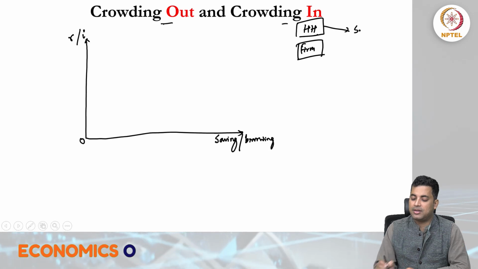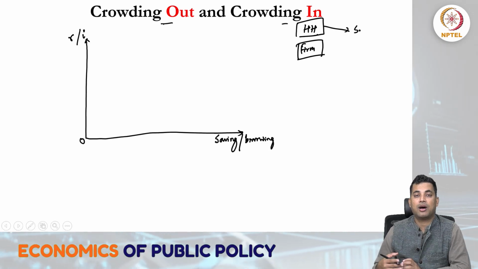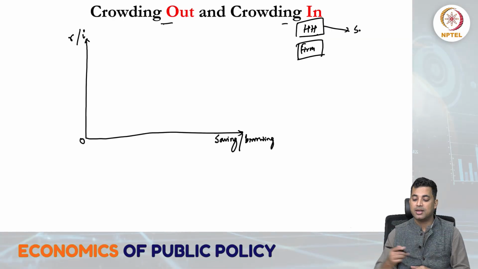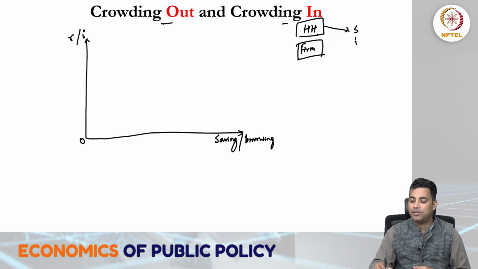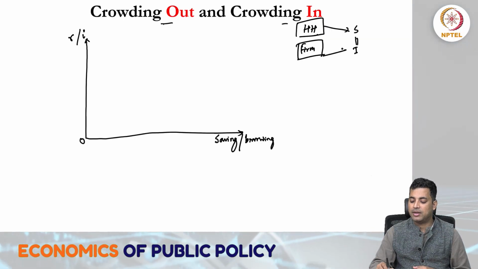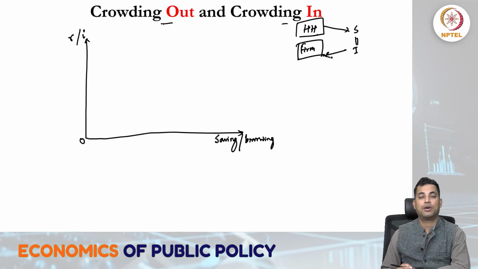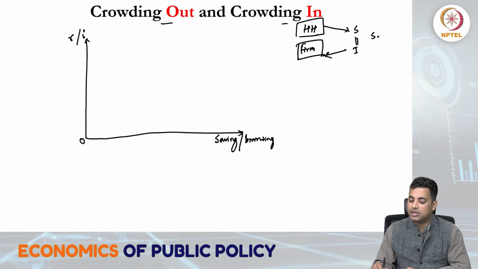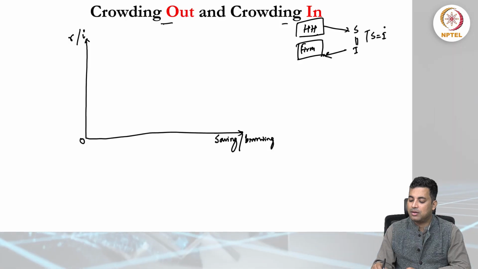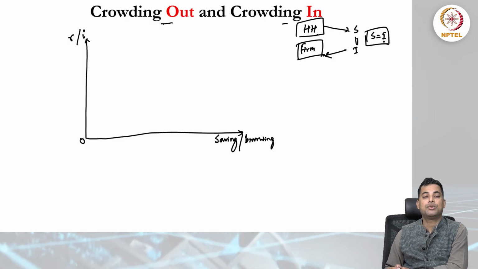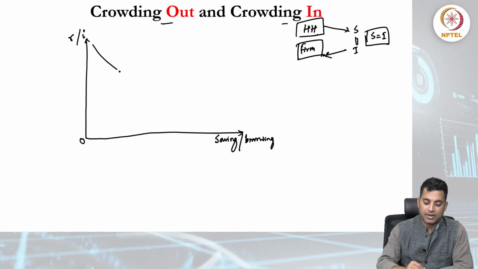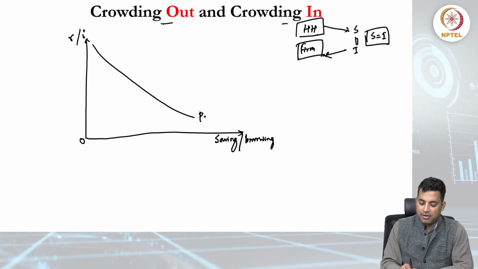Whatever amount of money is saved in the financial institutions needs to be invested by the firm, or the firm can borrow from that. So this is the equilibrium condition where savings becomes equal to investment, right?